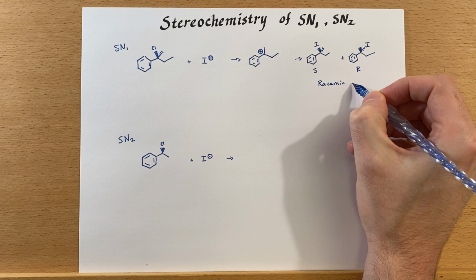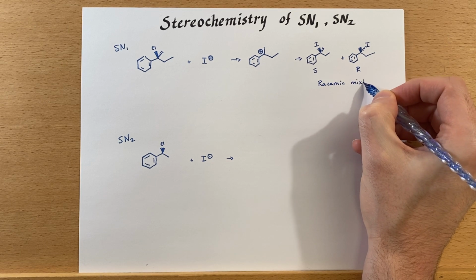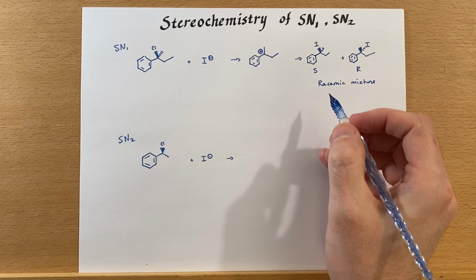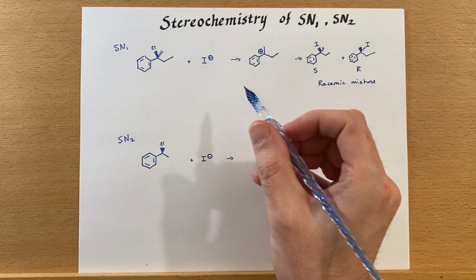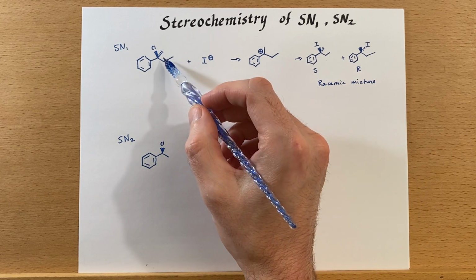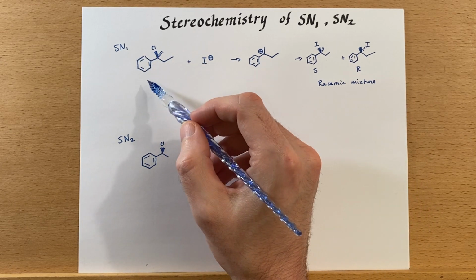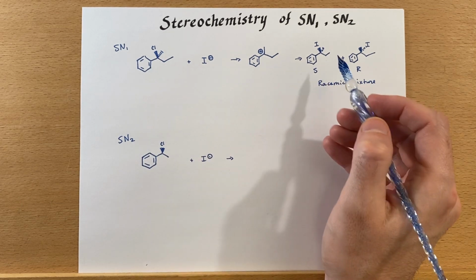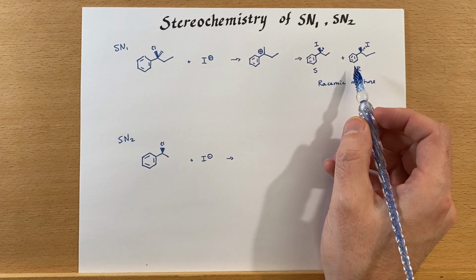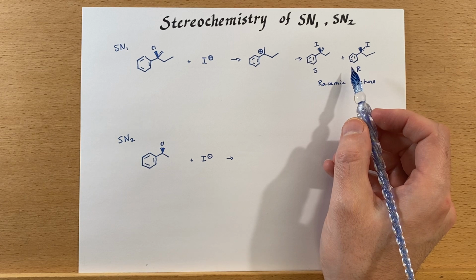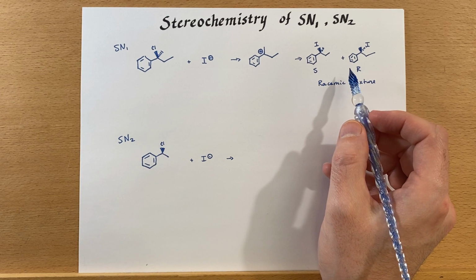Now, if we were hoping to maintain the stereochemistry, especially if we started with an enantiomerically pure substrate, we may be disappointed when we get a racemic mixture out of the product.